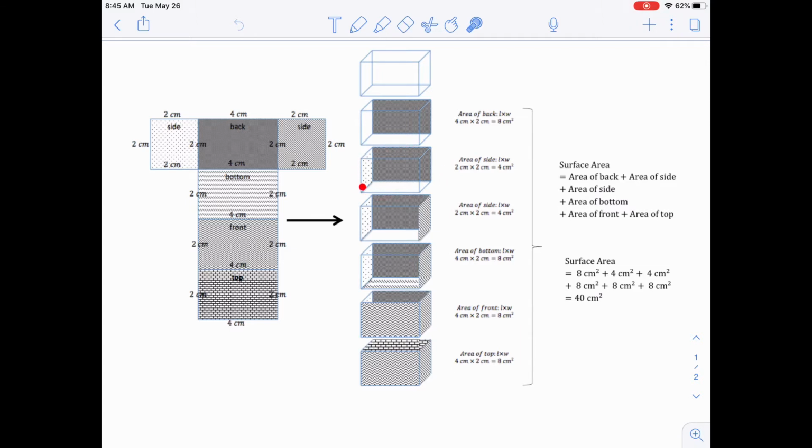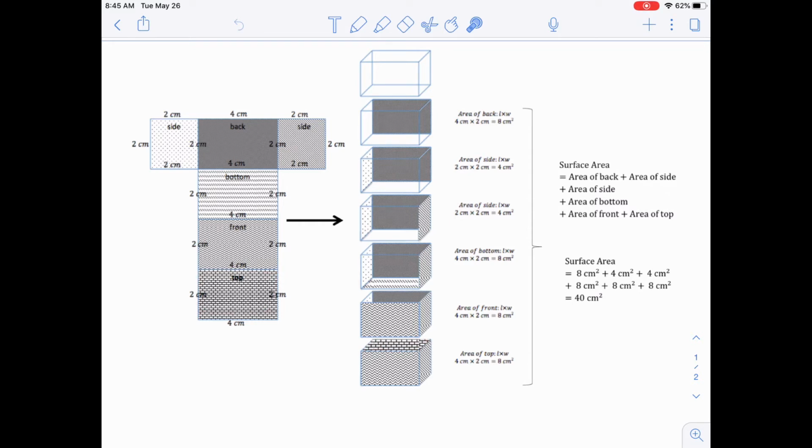This one shows the side face is dotted. Here's the side face on our net. The other side face is striped, so that's this net. Then we also have the bottom is shown here. Our front face is here, and then the top is like the brick, and it's the last one.